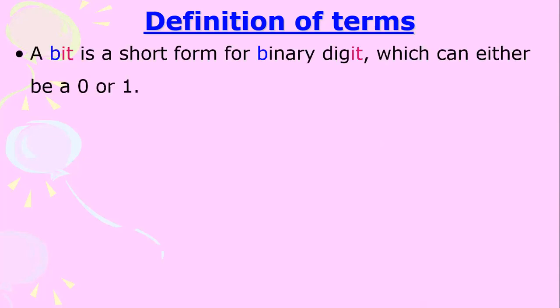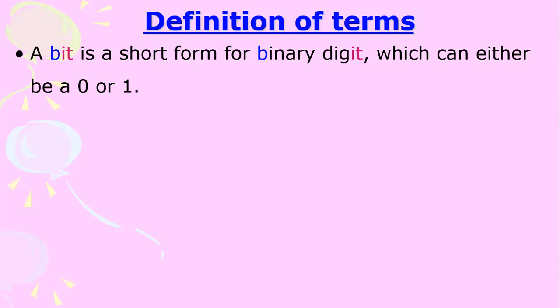Let's now look at some of the terms that we use when we are talking about or referring to data representation in computing. We commence with the term that I have already mentioned several times in this introductory section, which is bit.